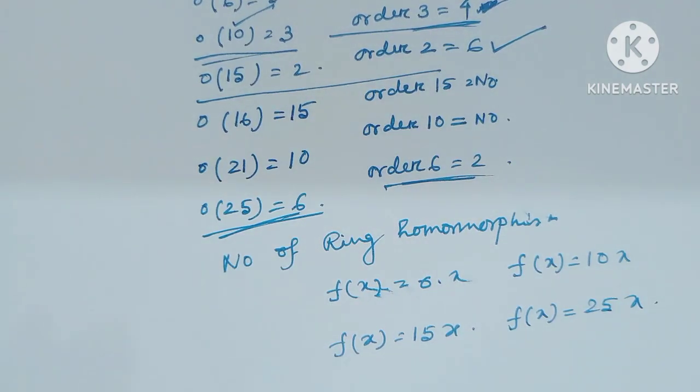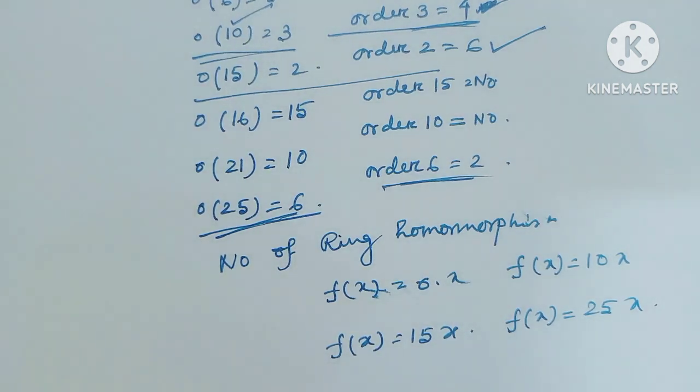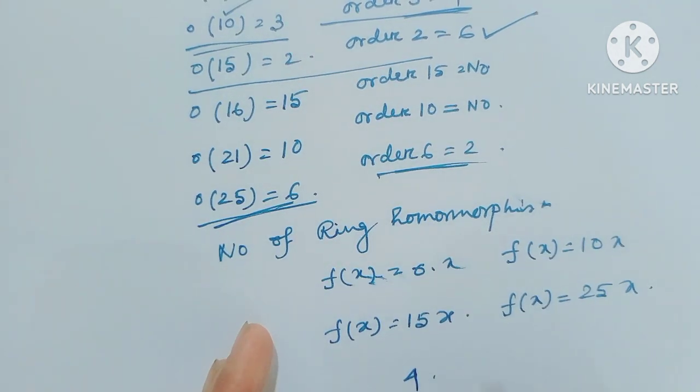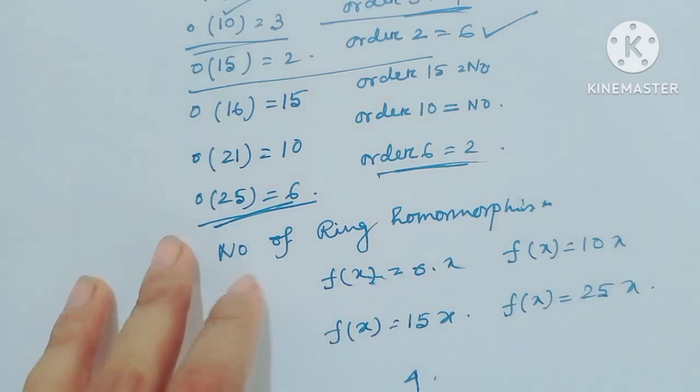That means the number of ring homomorphisms from Z12 to Z30 is 4. I hope all my viewers have understood this clearly. Okay, well.